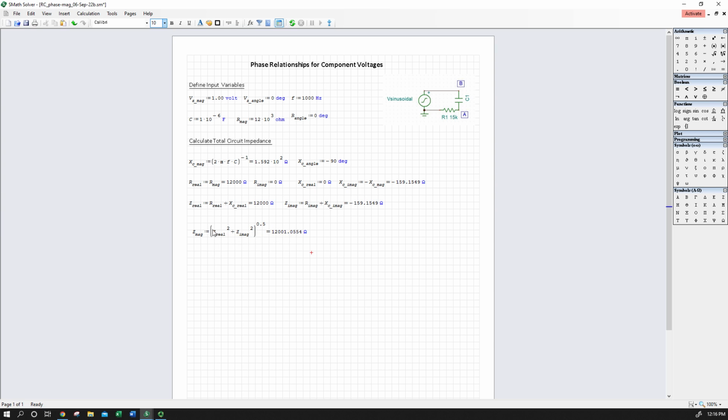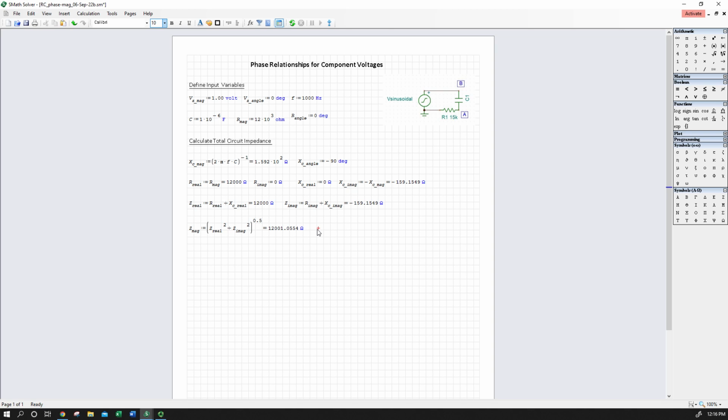But that's the first thing we want to check when we get to these intermediate numbers: do they make sense given what we have, and how would they change if we change something else? So given that this value is dominated by the resistance, I would expect to see a total Z angle that's close to a pure resistor. So let's see what that ends up being.